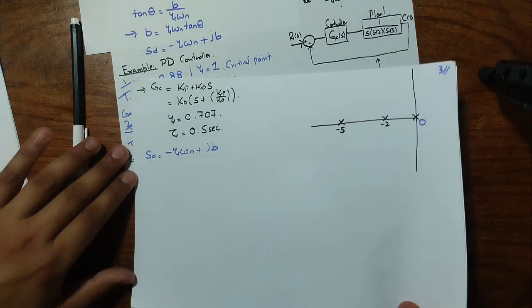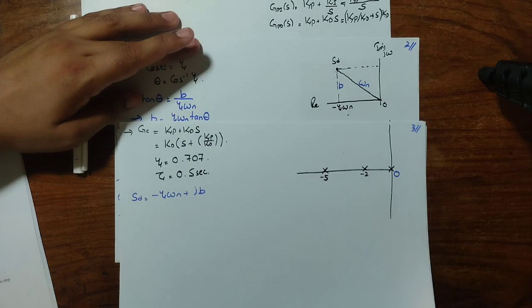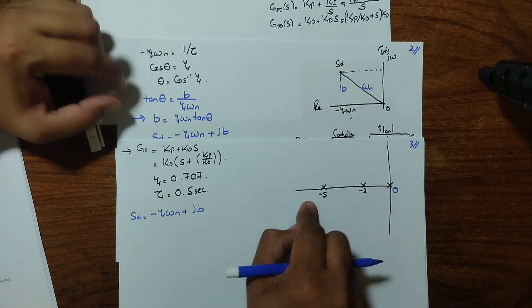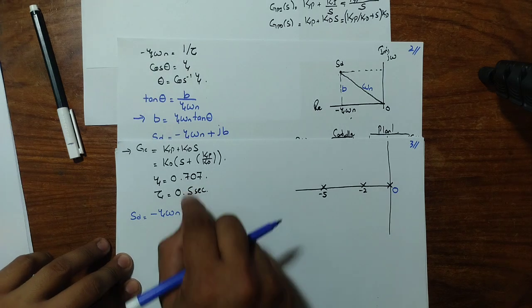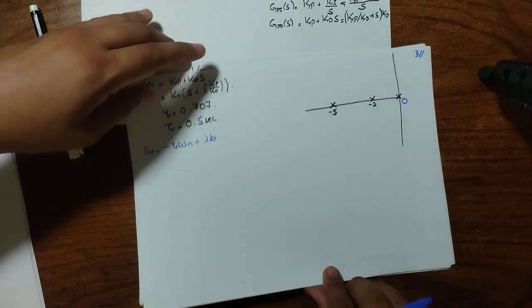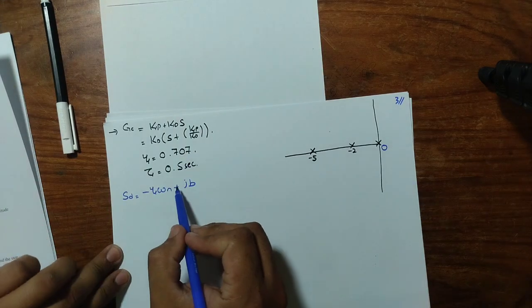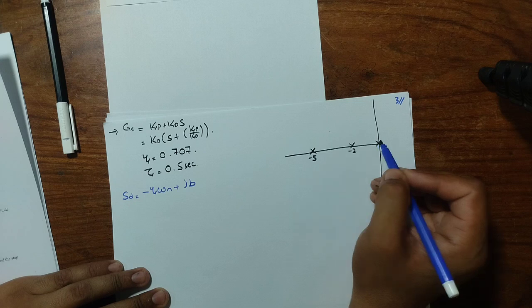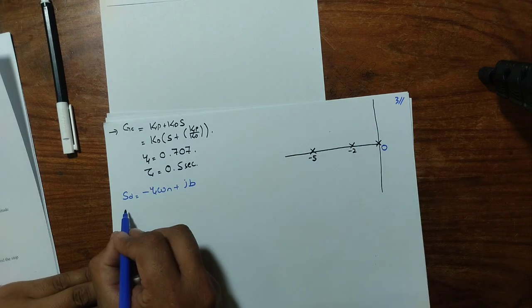Following the same procedure that we did here, I'm going to calculate the desired point for these desired specifications, and we will have to map this here. So first of all, calculate the zeta omega n.